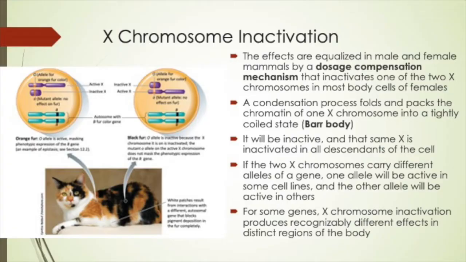This is a dosage compensation mechanism, and it inactivates one of the two X chromosomes in most body cells of females. So the condensation process folds and packs the chromatin of one of the X chromosomes into a tightly coiled state called a bar body.